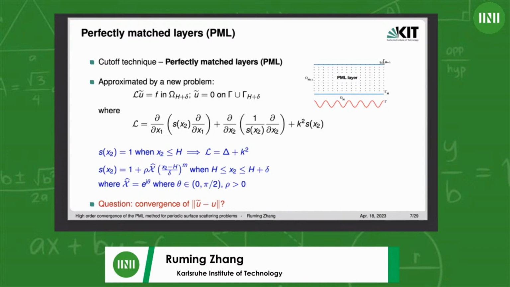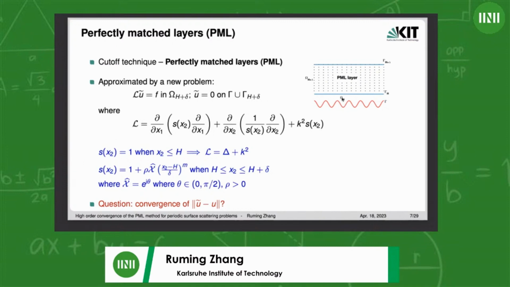Due to this fact, we approximate the problem by a new one. The new function satisfies the new equation, where capital L is a new differential operator within the layer.